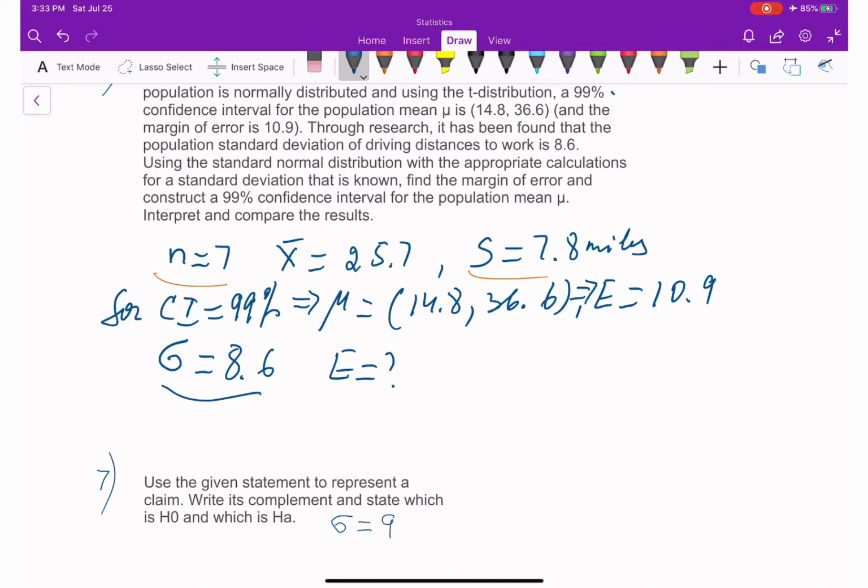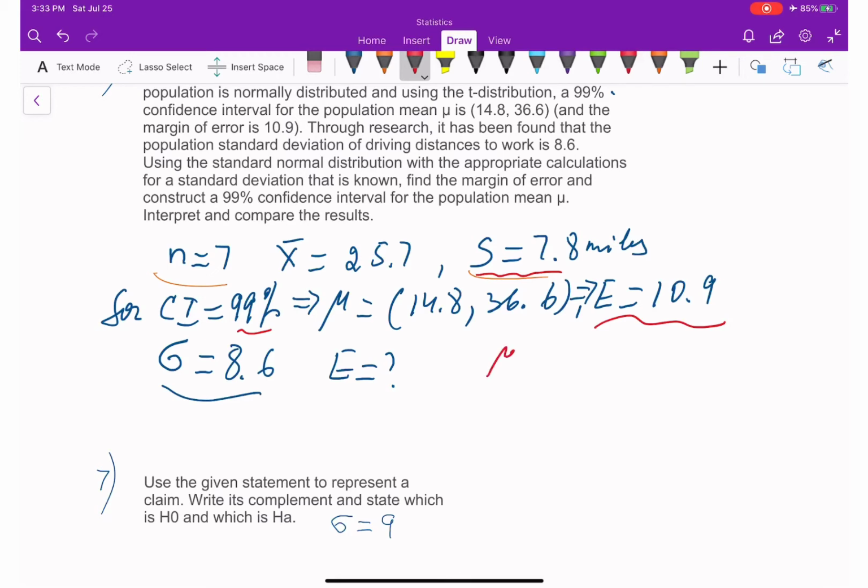Don't get confused. This 10.9 margin of error is for 99%. And S, this is for S, 7.8. So we need to find margin of error and construct 99% confidence interval for the population mean.